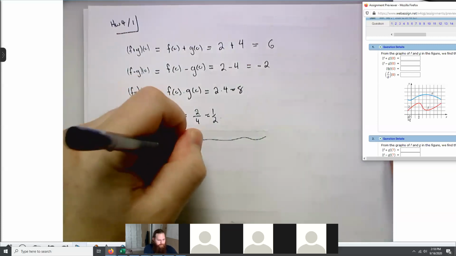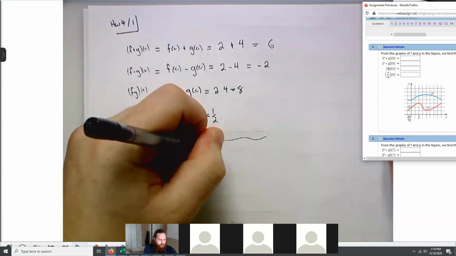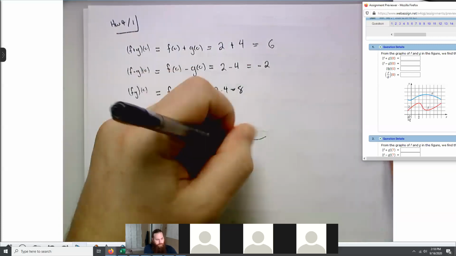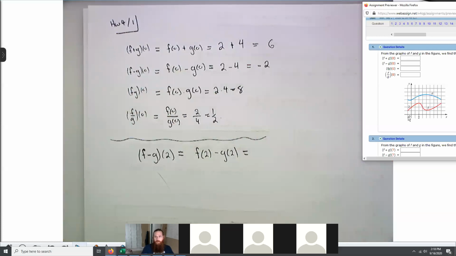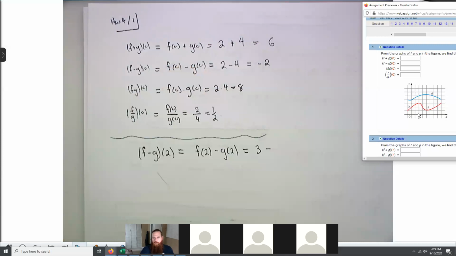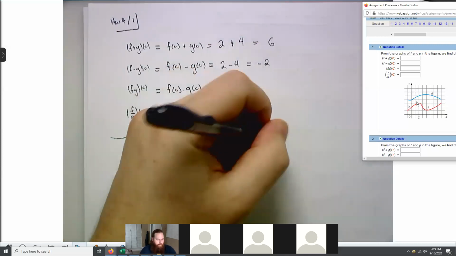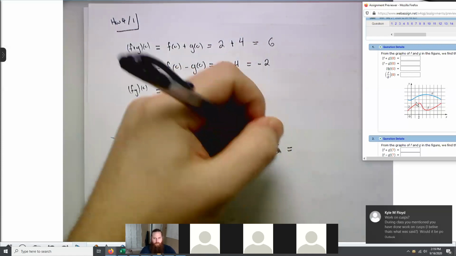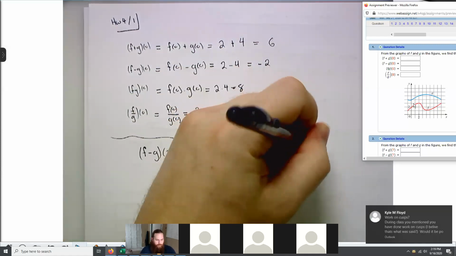So we'd begin by writing this as f of 2 minus g of 2. And then we look on the graph to find f of 2. Let's see, f of 2 is 1, 2, 3. And g of 2 is 1, 2, 3, 4, 5. So 2 minus 5 is correct. That's negative 2.